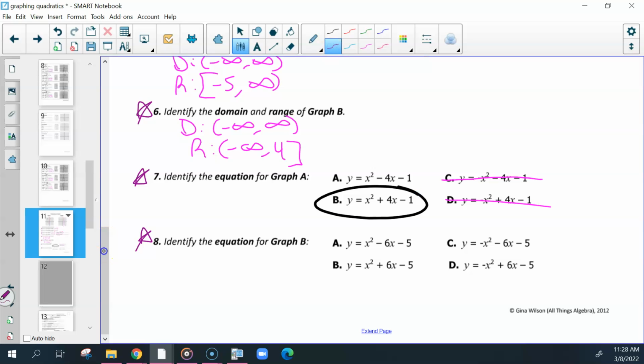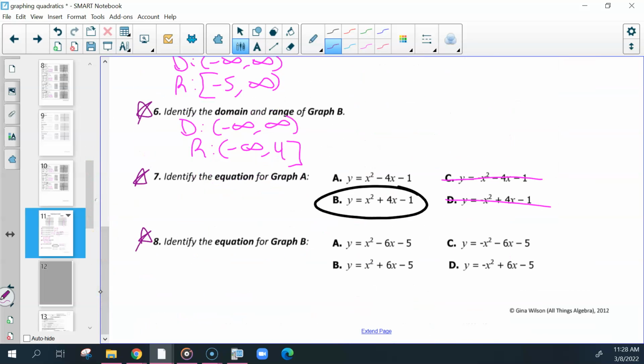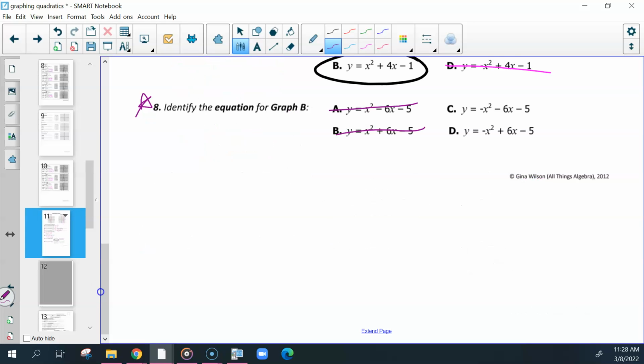The other way we could do this, so again, we can eliminate 2 of these answers because B faces down. So we can get rid of our positives. And then if we wanted to, we could find the axis of symmetry by doing our x equals -b over 2a.